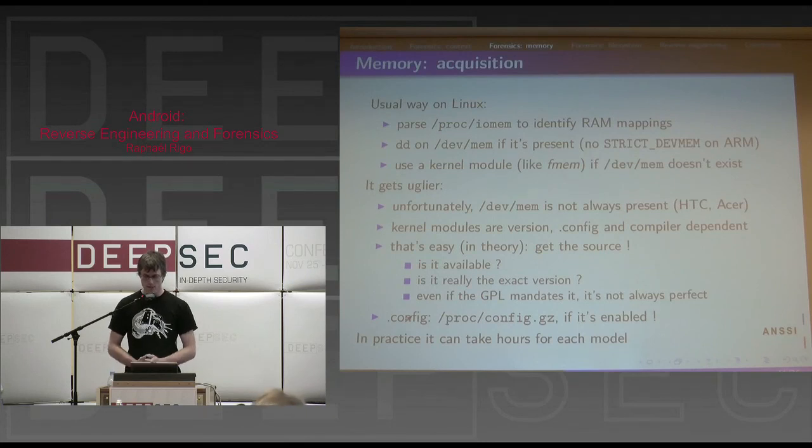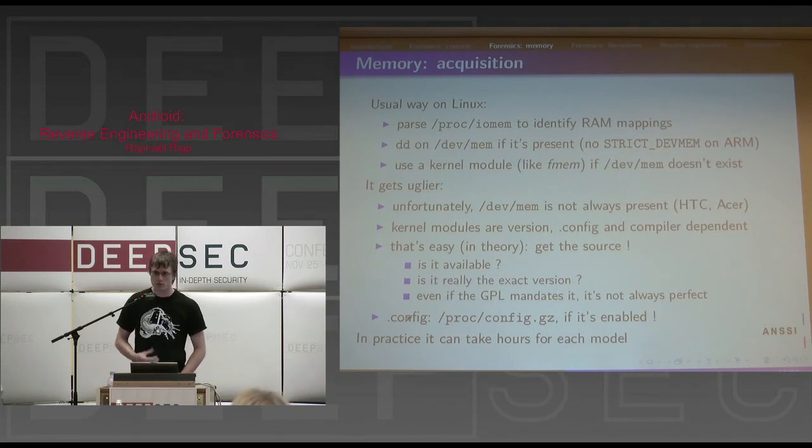And if devmem does not exist, you just load your own module that will recreate it. Unfortunately, devmem is not always present, so you have to find a way to load your kernel module. And kernel modules are really version, .config and compiler dependent, mostly because of structures, attributes, offsets.